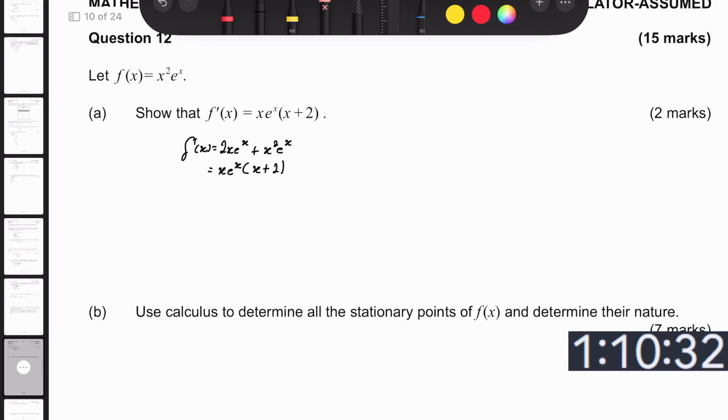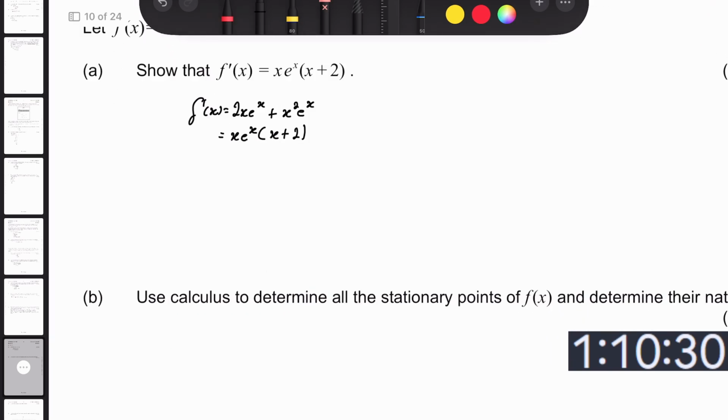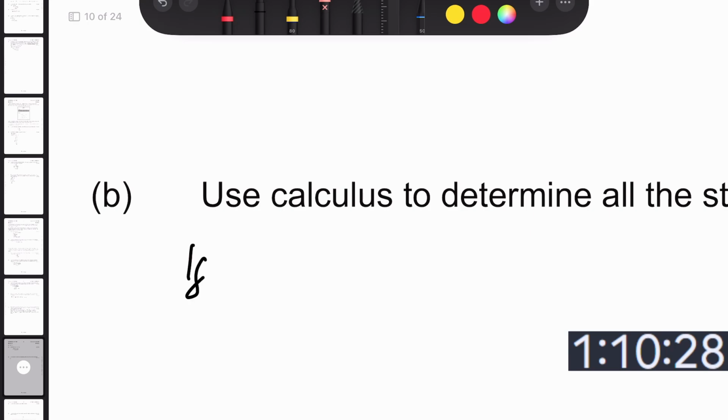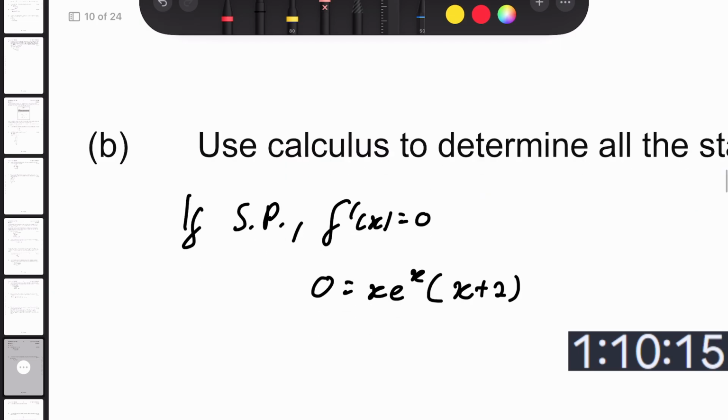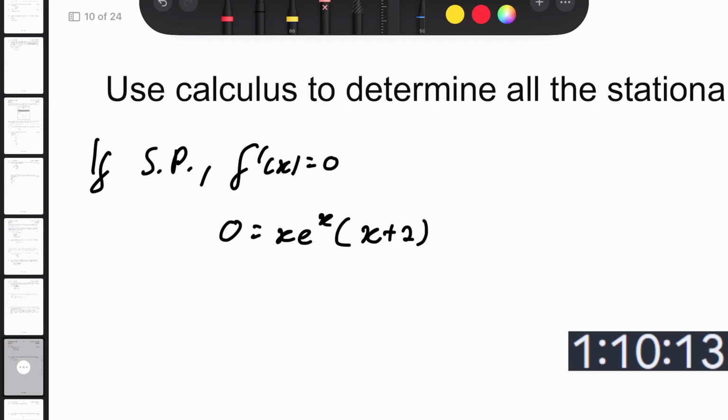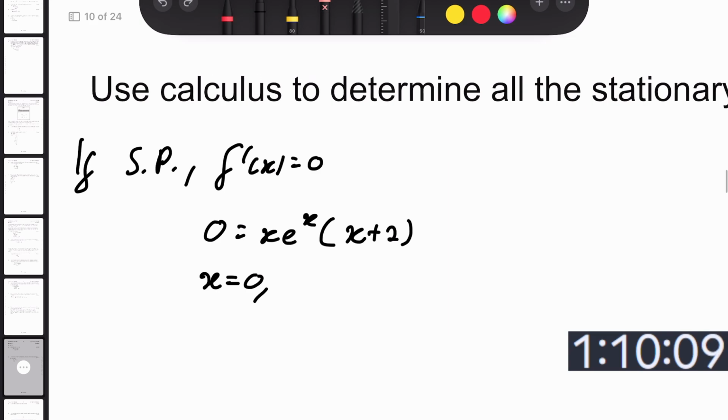Using calculus, determine all the stationary points and determine their nature. At a stationary point, f dash of x will be equal to 0. So 0 equals x e to the x times x plus 2, so x can equal 0 or negative 2.